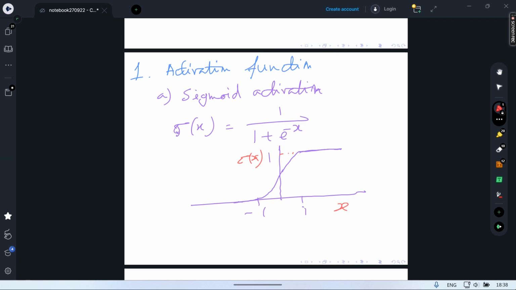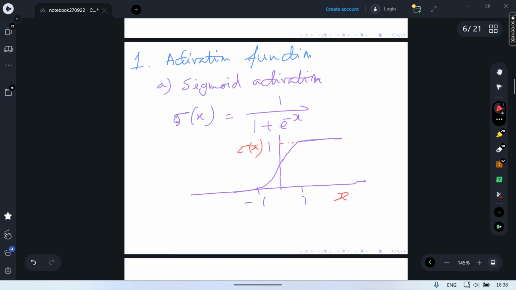But the problem with the sigmoid function is that, we'll see that. So what are the problems with the sigmoid activation function? One of the problems is that it saturates. What does it mean?